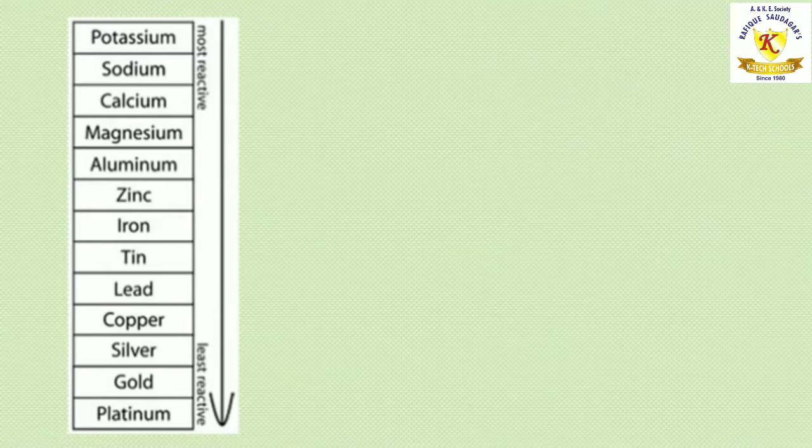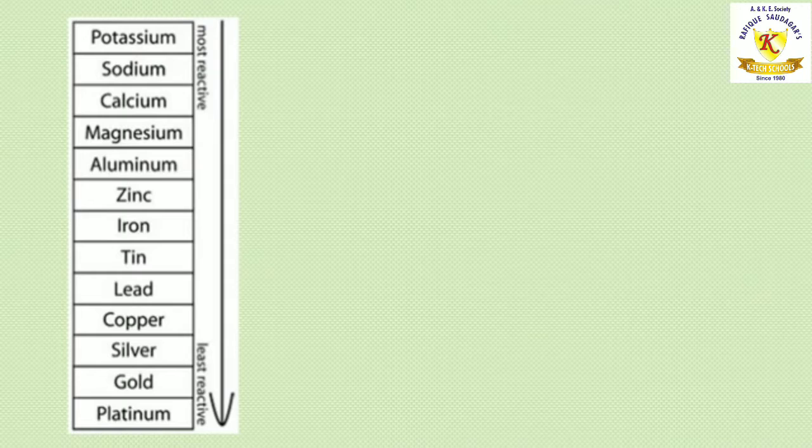Now see here, children. There is a table where we have the list of some metals, starting from potassium, sodium to platinum. It also shows a downward arrow, and it is also written above it, most reactive, and below, less reactive.